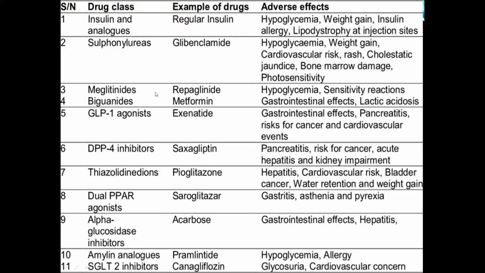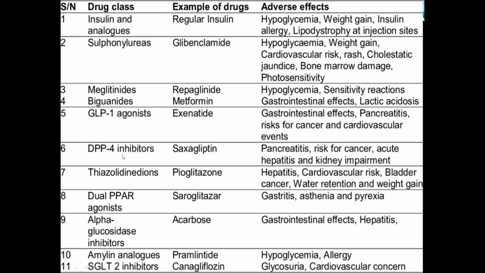Then meglitinides, we've got repaglinide, for which side effects are hypoglycemia, sensitivity reactions, GI effects, lactic acidosis. Metformin side effects are GI effects and lactic acidosis. I've got GLP-1 agonists. Example is exenatide. Side effects are GI effects, pancreatitis, risk for cancer, and cardiovascular events.